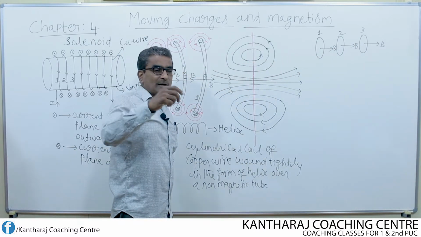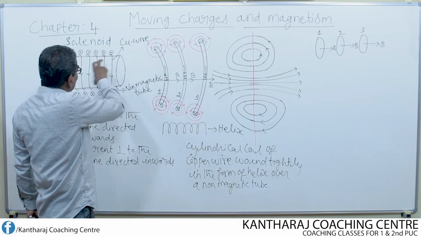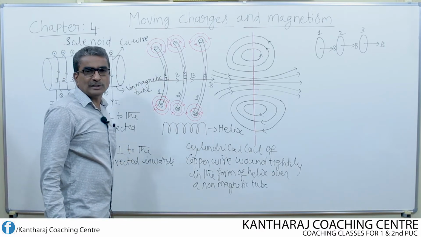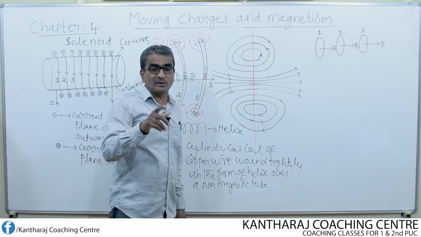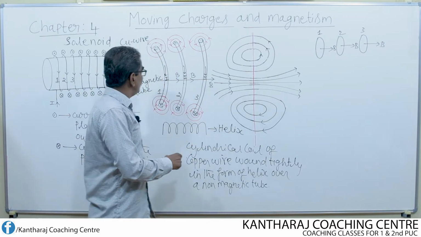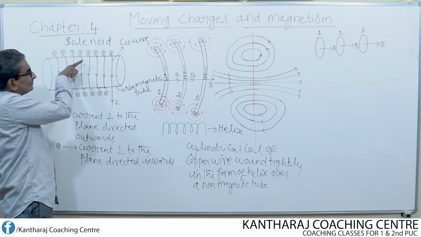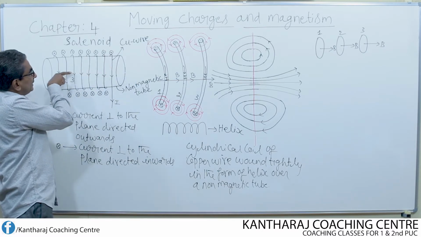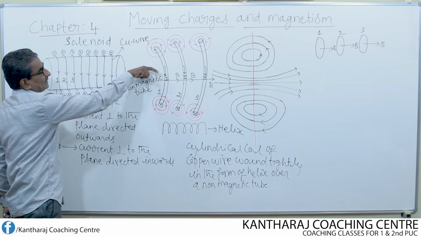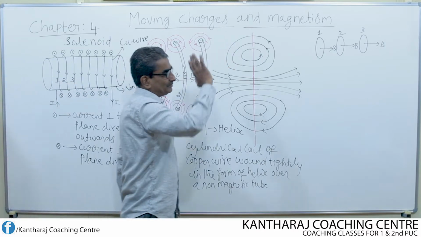Therefore, what will be the total magnetic field due to the entire solenoid? The total magnetic field due to the entire solenoid is equal to the vector sum of the magnetic field due to each turn. Turn 1 field is like this, turn 2 field is directed like this, even for turn 3 the field is directed in this direction, so it gets added up.